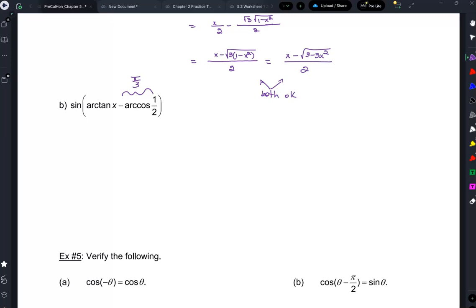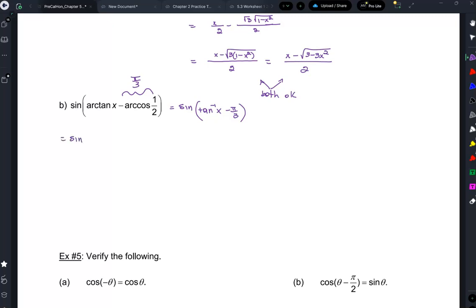Okay, so let me rewrite this. This is sine of, and look, arc tan x, it's like more writing, you can rewrite that as inverse tangent of x, right? If you wanted to, that's fine. There's nothing wrong with that. Okay, so now this is sine, cosine, cosine, sine, right?